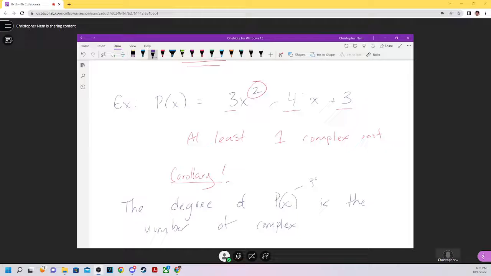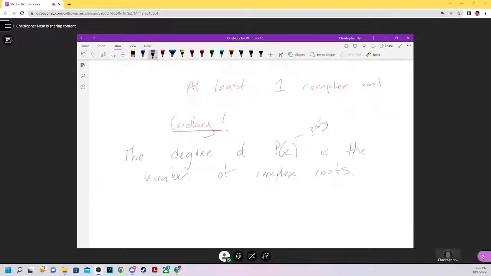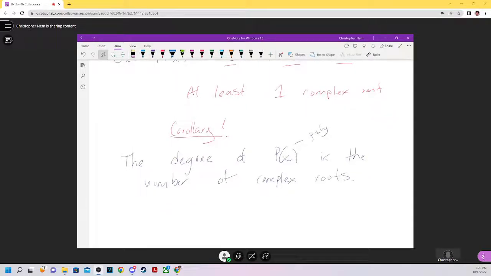P is a polynomial function, by the way. Whatever my highest exponent is, that's how many roots I will have. That's how many zeros I will have. That's how many solutions I will have. That's how many x-intercepts I should have if I could plot my complex x-intercepts.